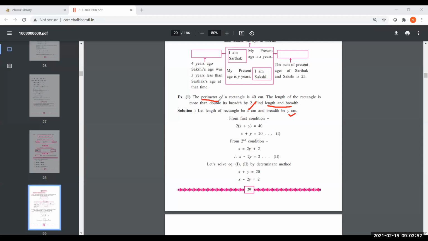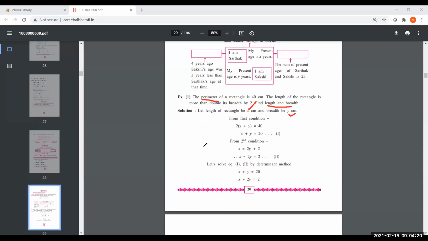So in that we measure the sides, and the sum of the measures of all the sides forms the perimeter. But in a circle we don't have edges, we just have a round figure. So the round boundary is nothing but the perimeter of the circle, and that is called the circumference. So the name is changed, but the circle also has a perimeter. In a circle we call it the circumference.